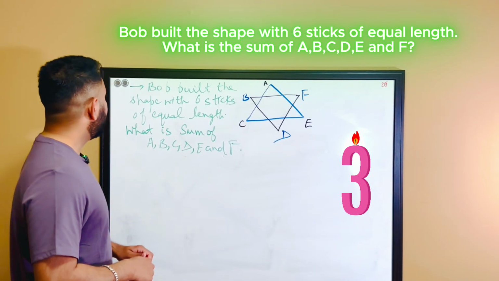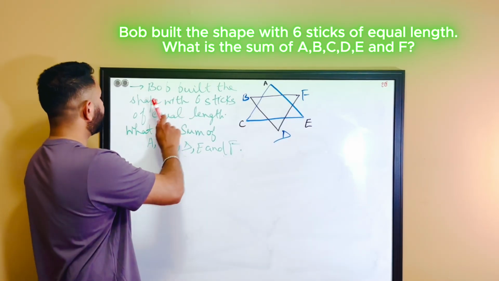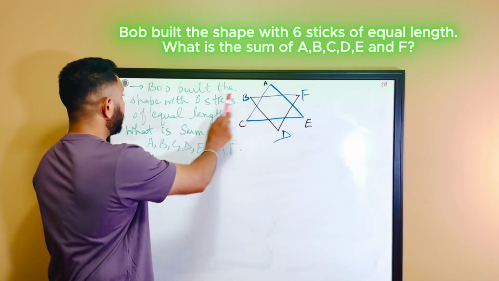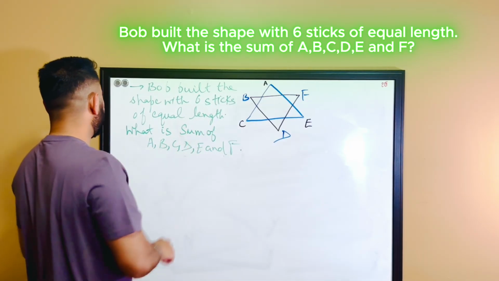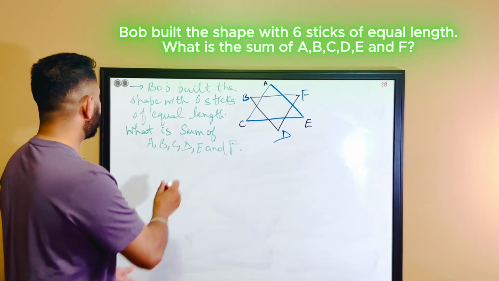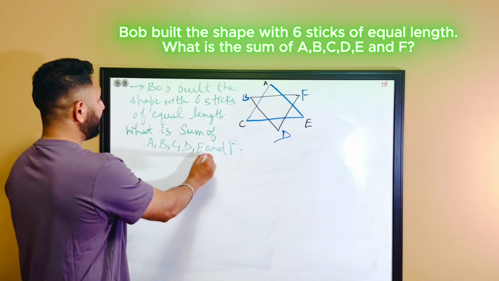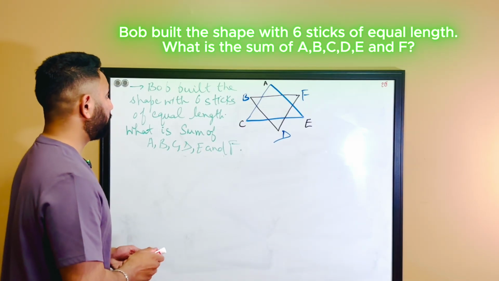So our last example is: Bob built this shape with 6 sticks of equal length, and what we need to find out is the sum of A, B, C, D, E and F. So let's focus on the figure.